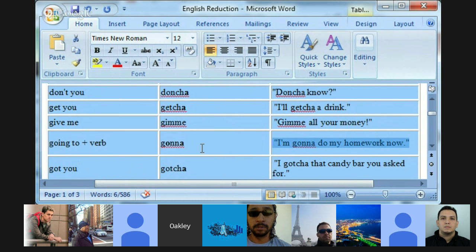Gonna. Excellent. Notice do is not reduced at all. That's because it's a main verb here. A main verb is never reduced. Good job. Now, something I have to point out here, going to plus verb.